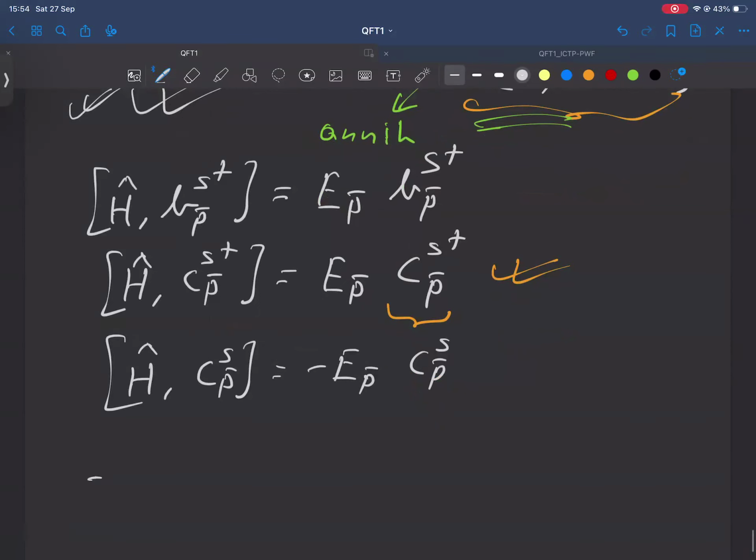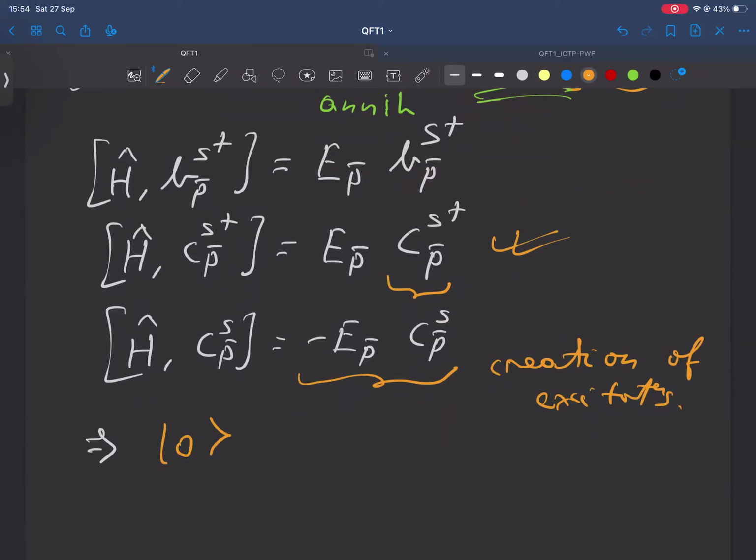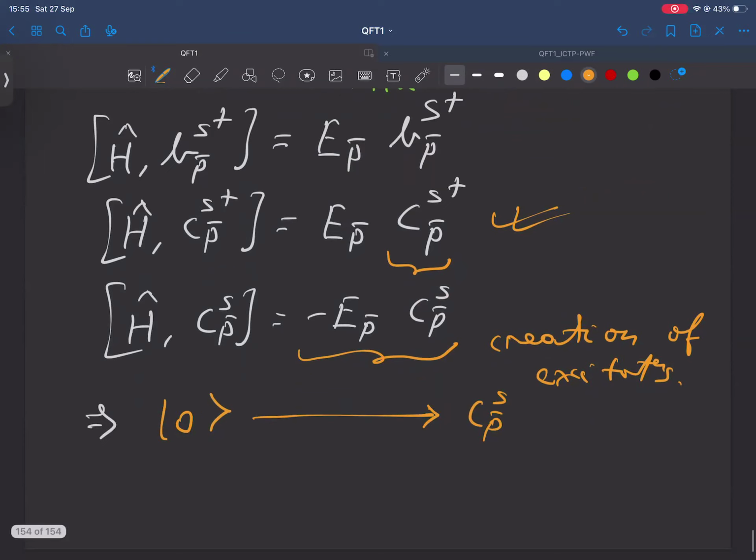So that means, if I have to interpret this as creation of my excitations, then when you start with the vacuum and you keep creating by acting with C_ps, you will keep lowering its energy indefinitely. What will end up happening is that your Hamiltonian will be less than zero. So it will be unbounded below.